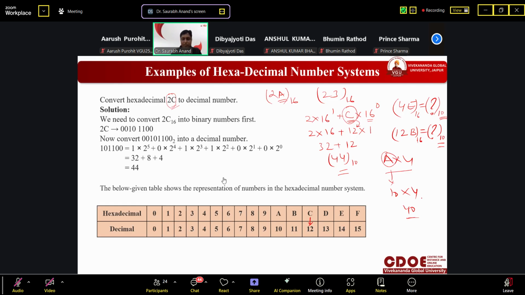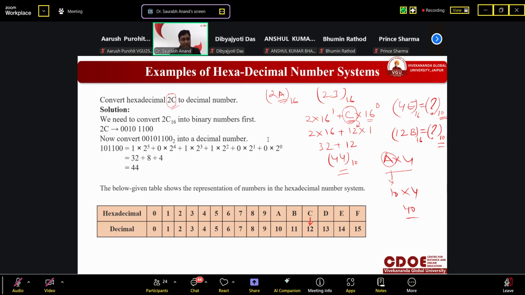So this is the conversion process. So in today's session, we understood all these four types of number system and their conversion from that number to decimal only. In the next session, we will discuss about the conversion from one number to another, like octal to binary, binary to hexadecimal, like that.